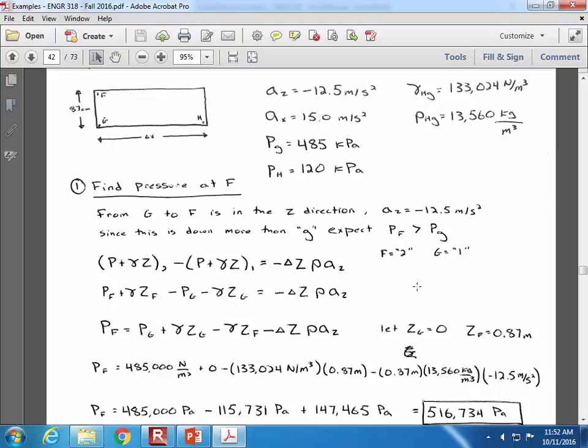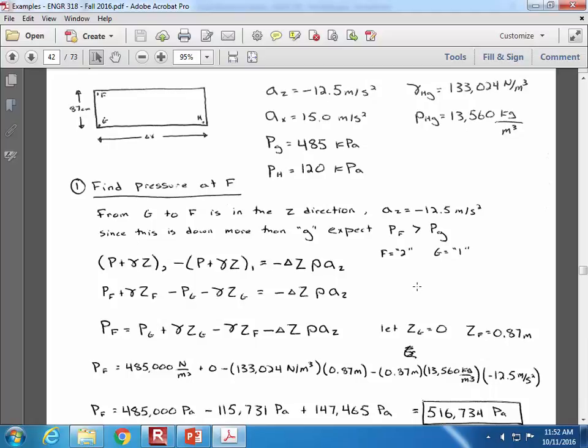And then it looks like there's a pressure increase and a pressure decrease. One of them is because of the normal gravitational acceleration effect, and the other is because of the downward acceleration. The pressure at F would be bigger than the pressure at G because of the downward acceleration. So that's what this 147 is from.